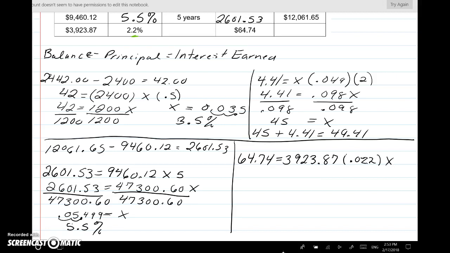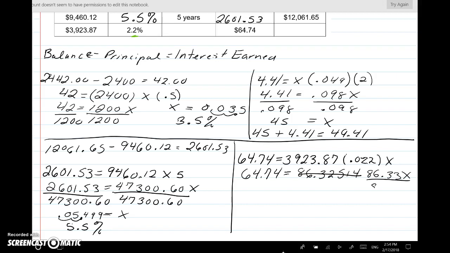So, simplify all this. I get 64.74 equals 86.32514, and I'm going to go ahead and round this, so it's actually going to be 86.33, just easier to deal with.